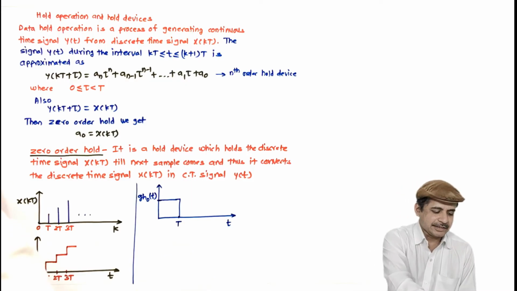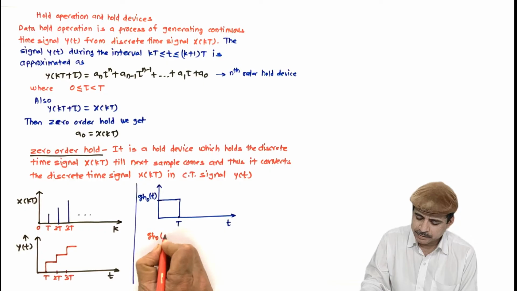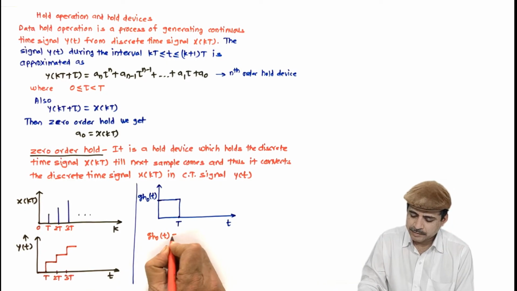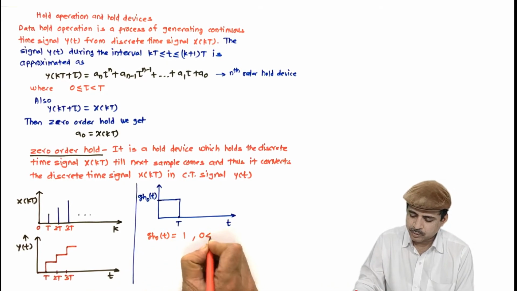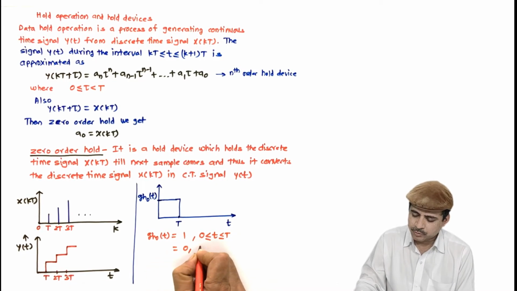So I can write this as Gh0 of t equal to 1 for 0 to T, and it is equal to 0 otherwise.